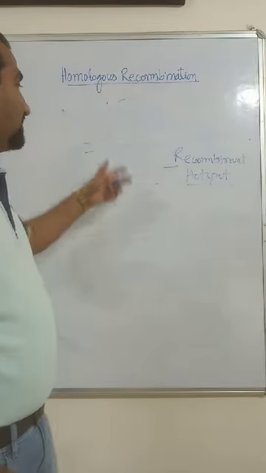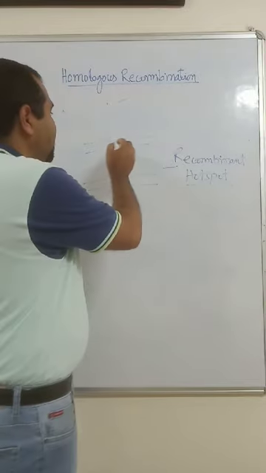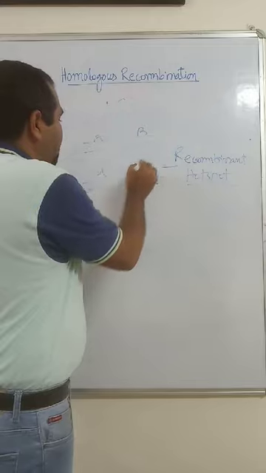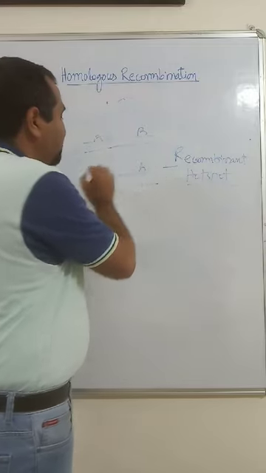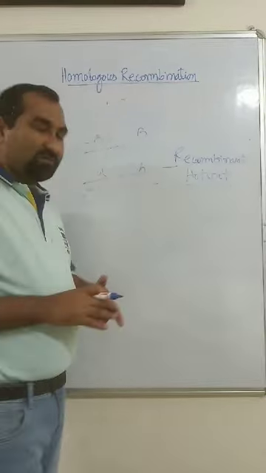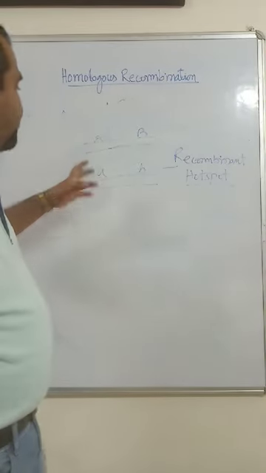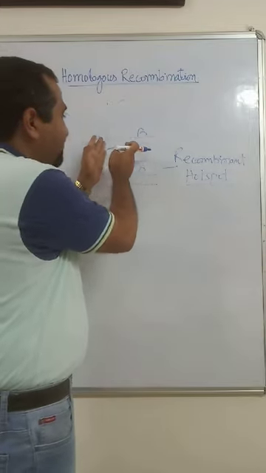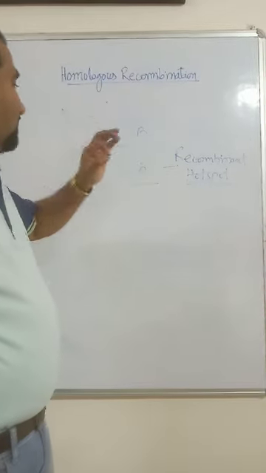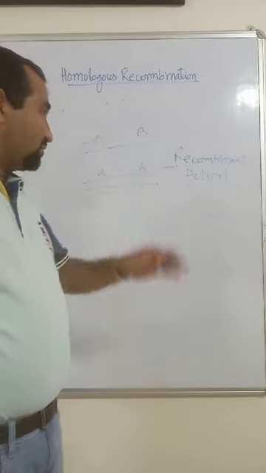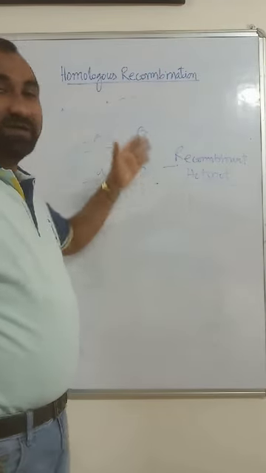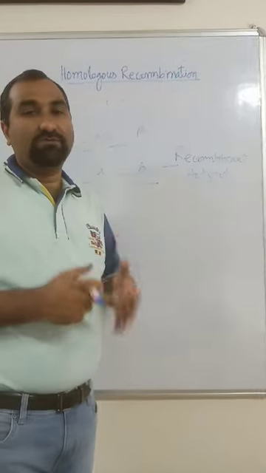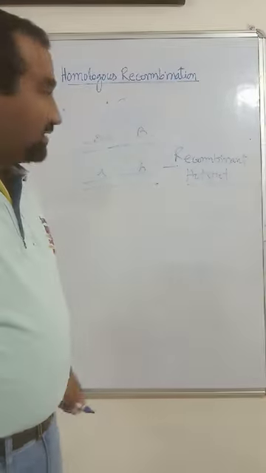And these sequences are in between genes. Suppose this is A and B, and this is A and B. So in between genes, these sequences are present, and if both the genes are tightly linked, there is very low chance that there will be a chiasma formation between two closely attached genes.